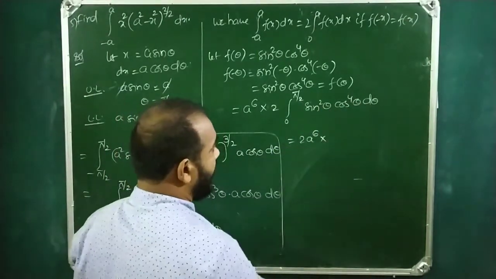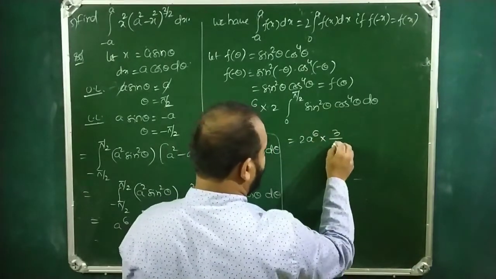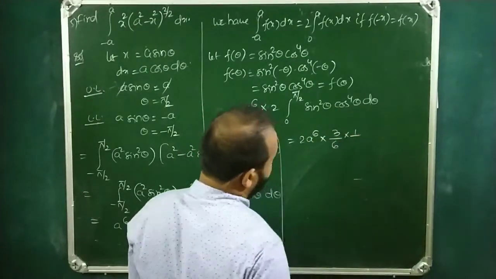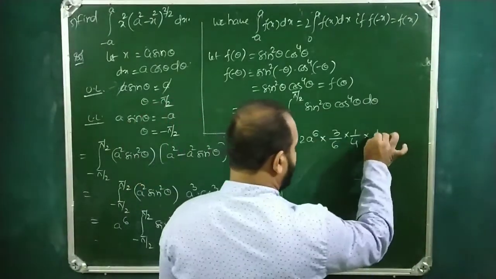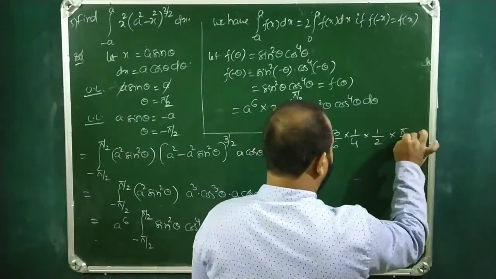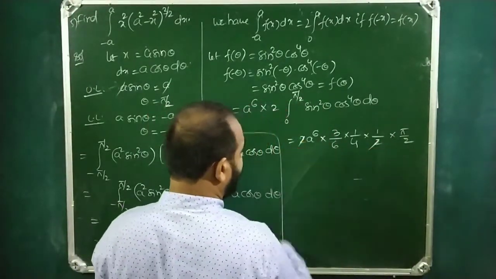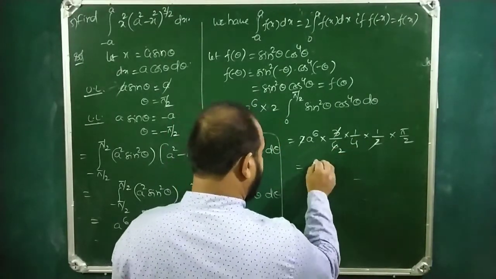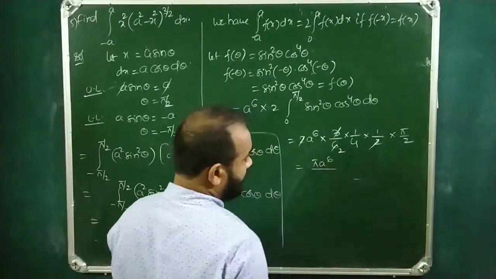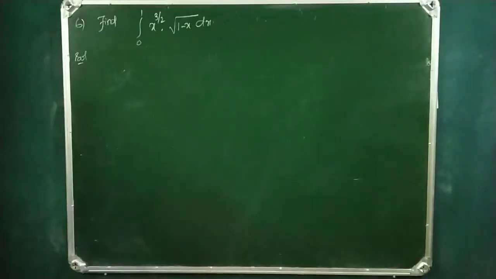So n minus 1, 4 minus 1, 3, by 2 plus 4, 6, 1, by m plus 2, and m minus 1, 2 minus 1, 1 by 2 into pi by 2. So 2 gets cancelled, 3 twos cancel. So pi a power 6 by 2 fours are 8, 8 twos are 16.